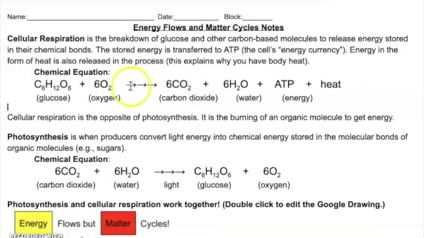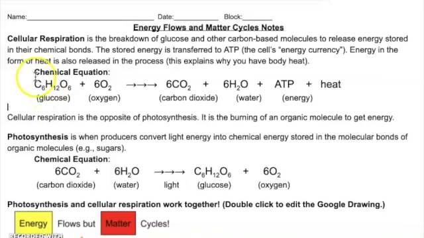I'm only going to focus on one of these equations when I'm counting up these atoms, but you'll see that the atoms are the same for the reactants as they are for the products. It's just that the configurations have been changed so that we are seeing different molecules.